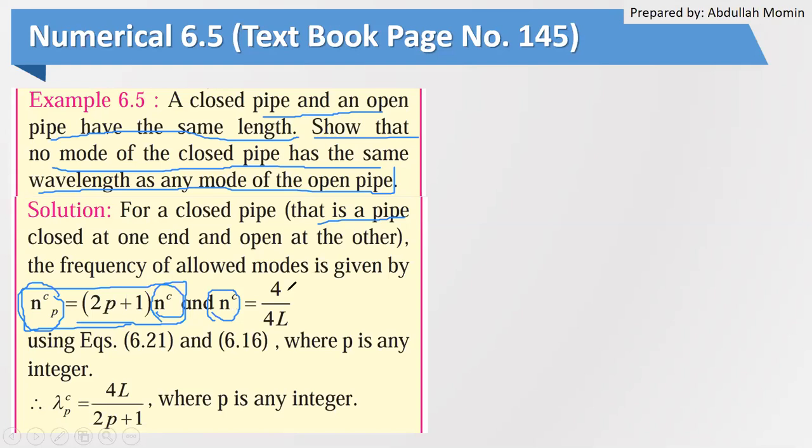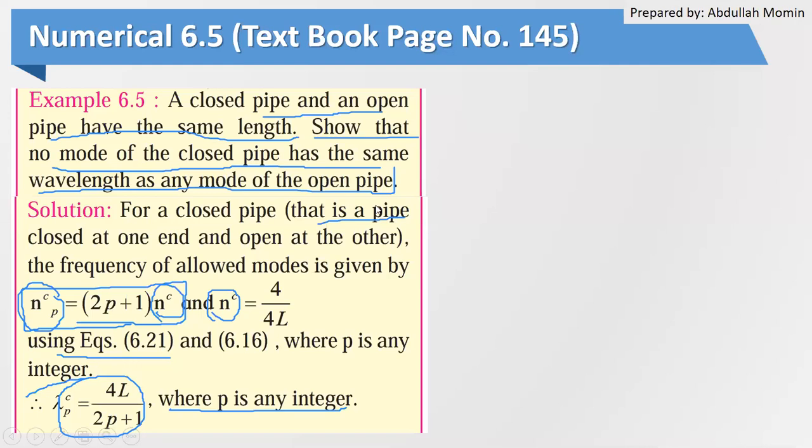Using this equation, where p is any integer, the wavelength can be written as 4l upon (2p plus 1), where p is any integer. So that is the wavelength of the closed pipe, that is 4l upon (2p plus 1).